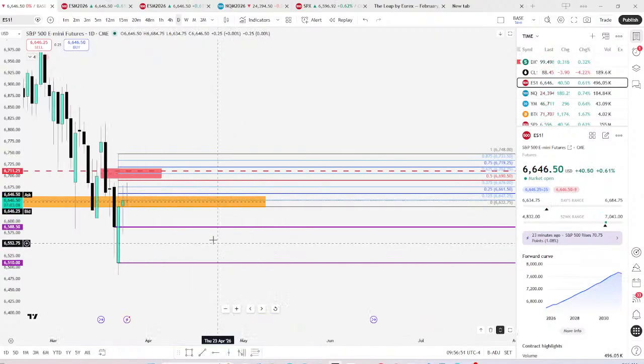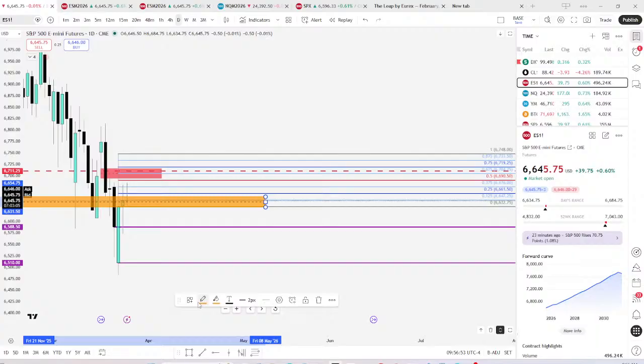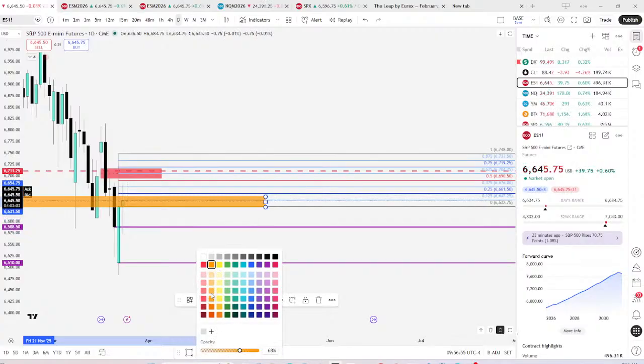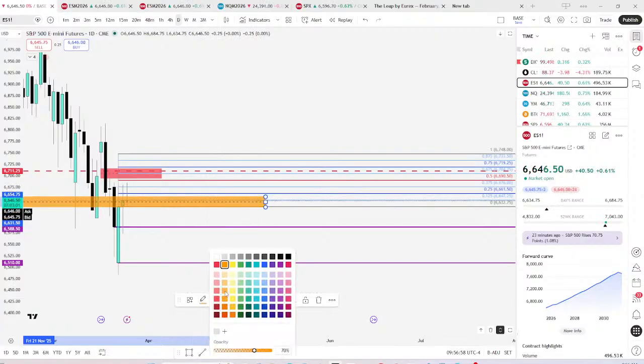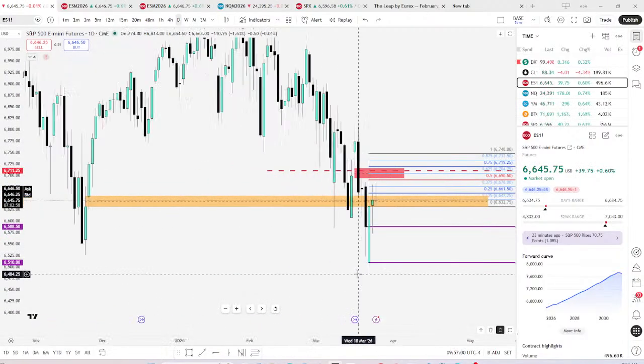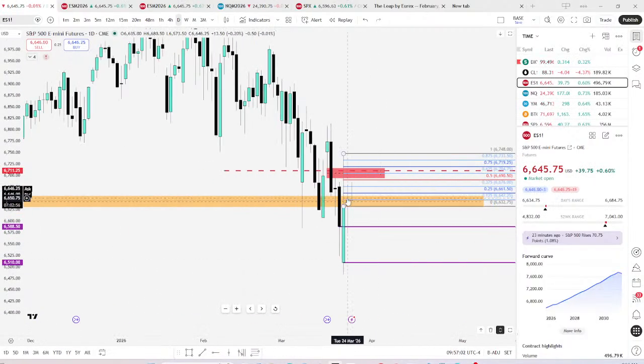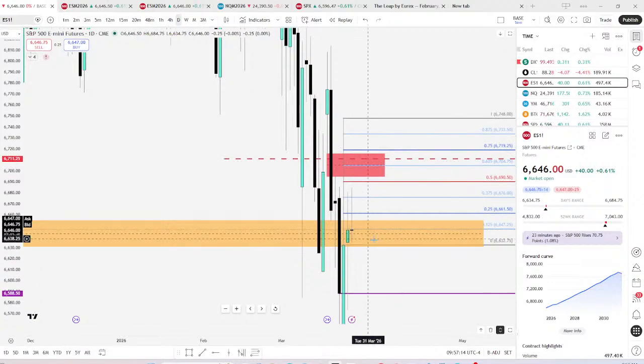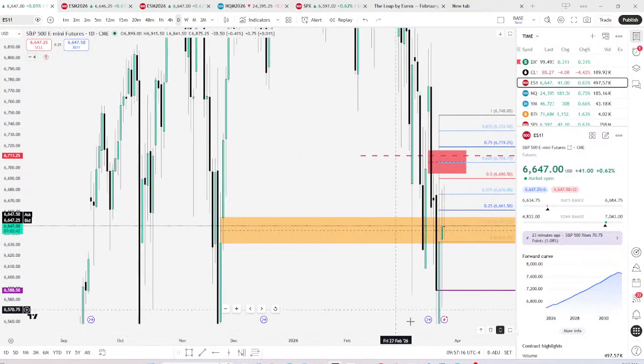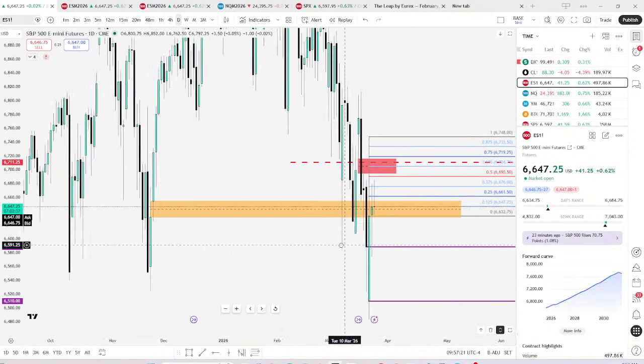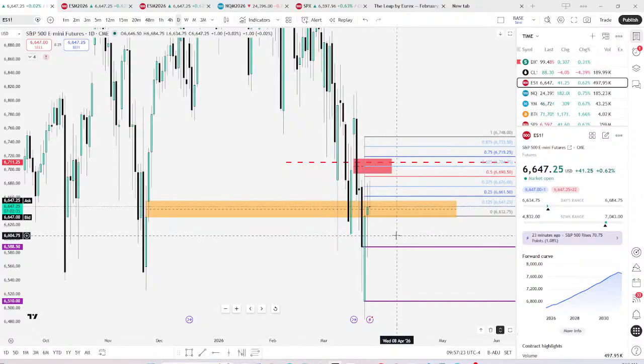That is important. So since we wicked up into that imbalance right there, it would be nice to see price respect this area, this volume imbalance, on a body closing basis.